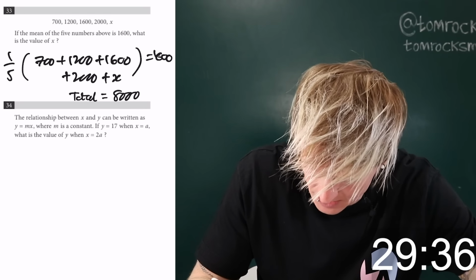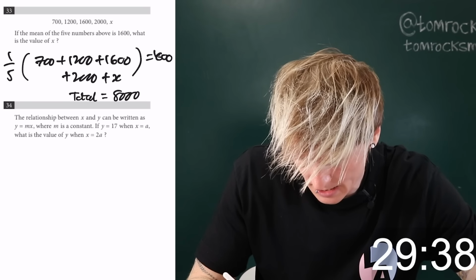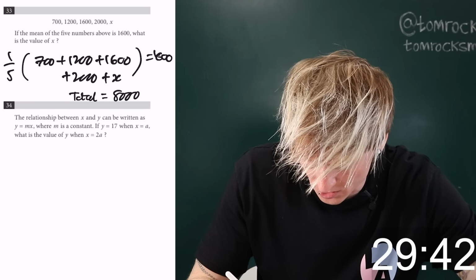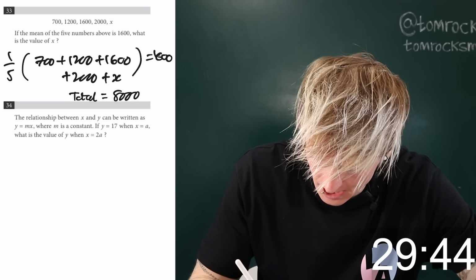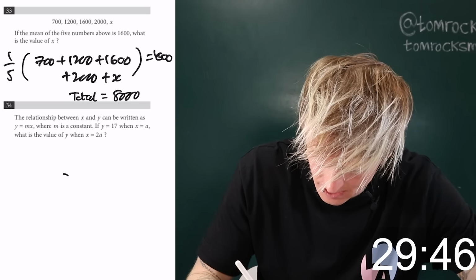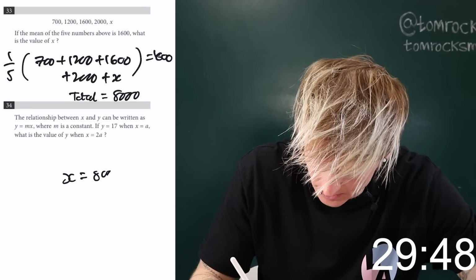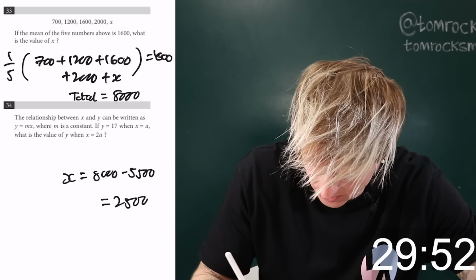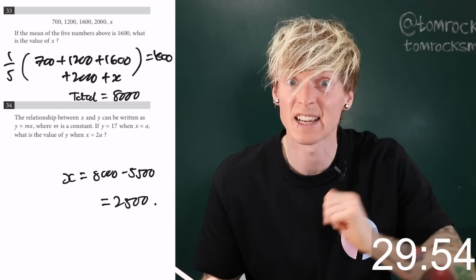If we add them together, you get 1900, 2500, 3500, 5500. So I believe that x has to be 8000 minus 5500, so that's 2500. I think x is 2500.